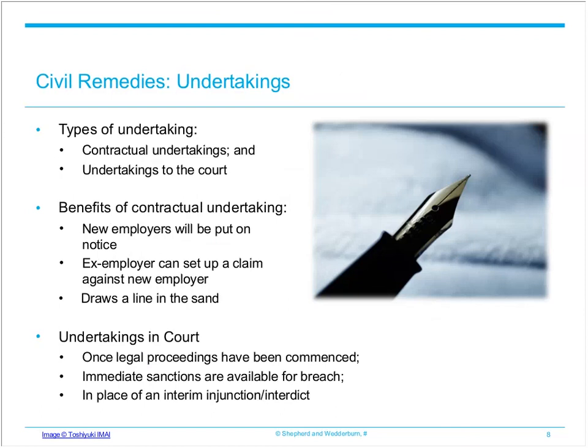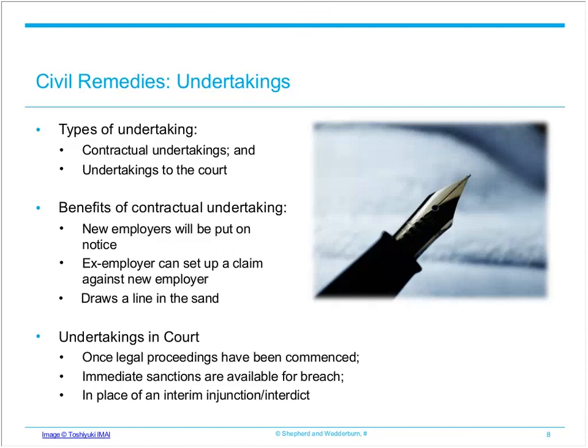Undertakings are probably the simplest step that can be taken to protect confidential information. An undertaking is given by the party who has unauthorised access to the information and will state that they undertake not to use the confidential information. In addition to an undertaking not to use the information that's been obtained, the document can include a number of other provisions or undertakings.